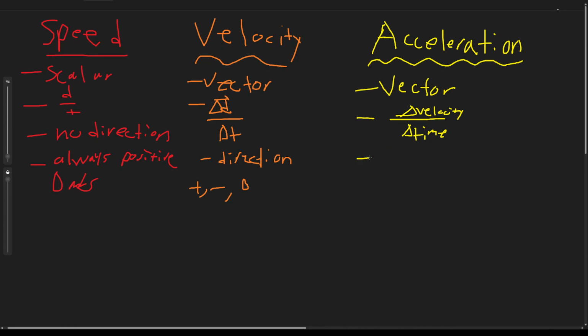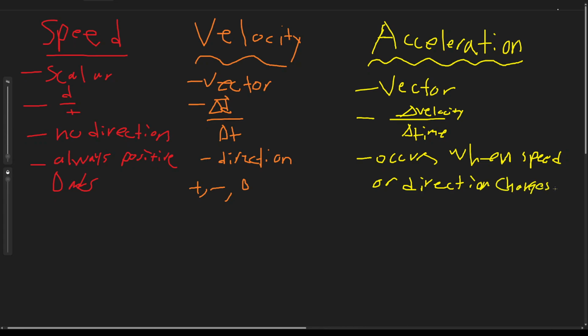And it occurs when speed or direction changes. And that's a summary of how speed, velocity, and acceleration are all different.